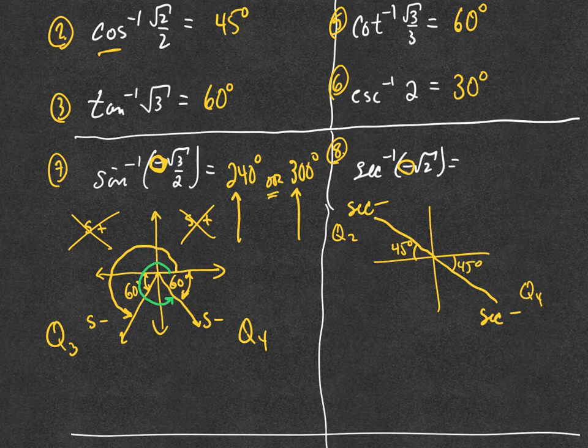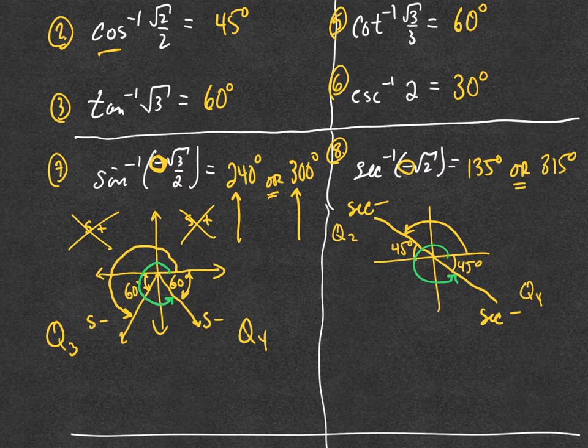And then what I'm going to need from you guys is the standard position angle in 2, or, I'll do it in green again, all the way around to 4. And so again, we're going to have 2 possible answers. The 45-degree reference angle in 2 would give us an angle of 135 in standard position. And in quadrant 4, it's going to be 315. Again, choice. You don't have to give me both.